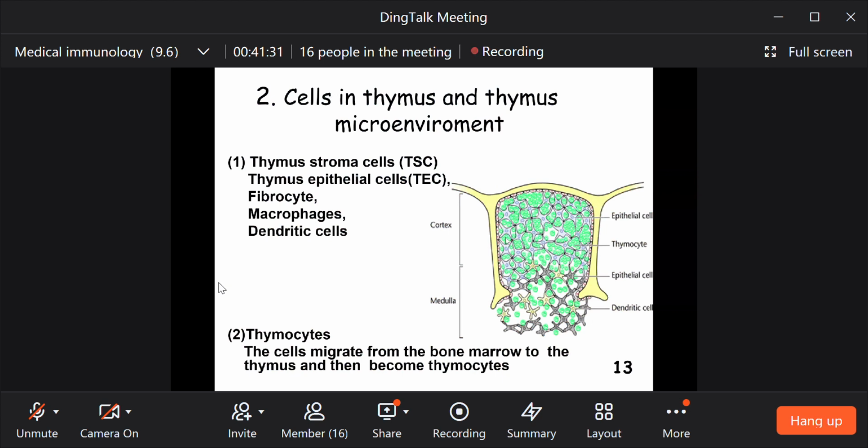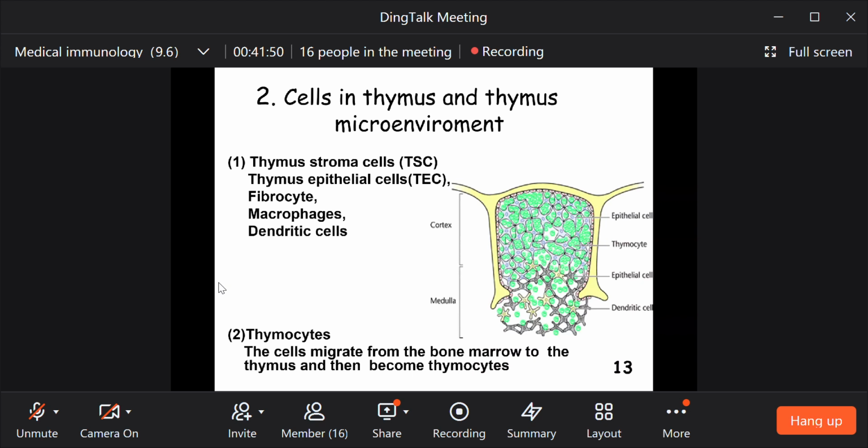Cells in the thymus and the thymus microenvironment. As we see in the picture, the cells in the thymus are divided into two groups.